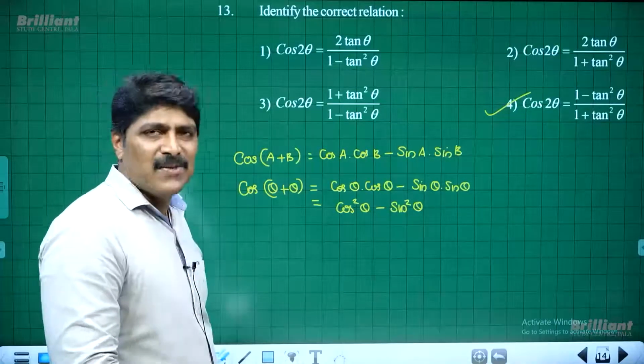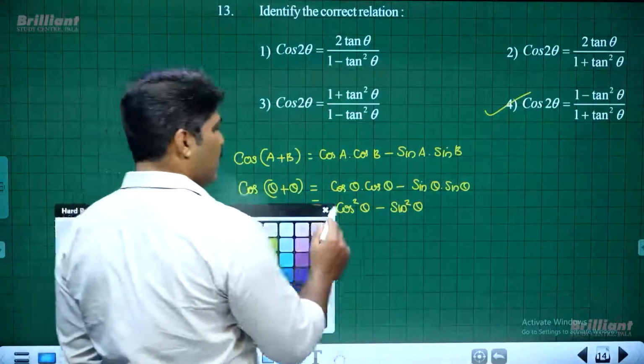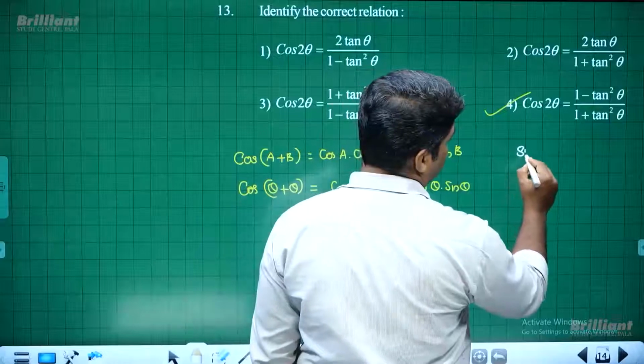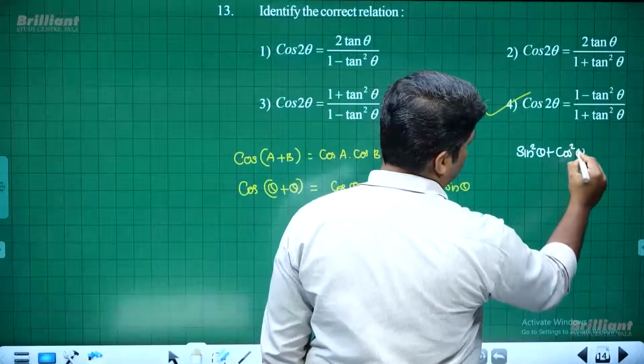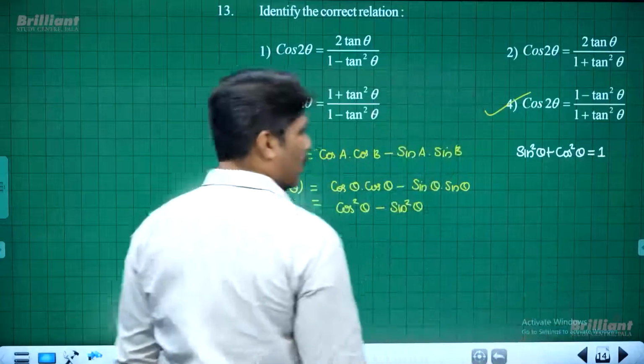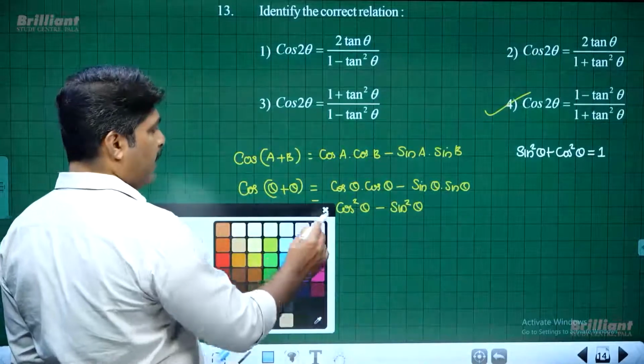So this is the result, cos 2 theta equals cos square theta minus sin square theta. And we know that sin square theta plus cos square theta equals 1. So we have the basic results. Applying that concept here, I am simply dividing this one.